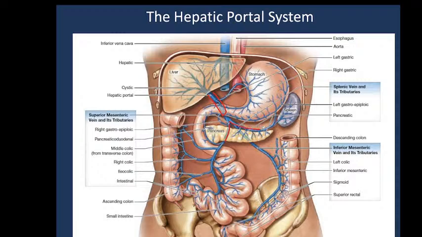The first root of the portal vein is the splenic vein, and the second root is the superior mesenteric vein.